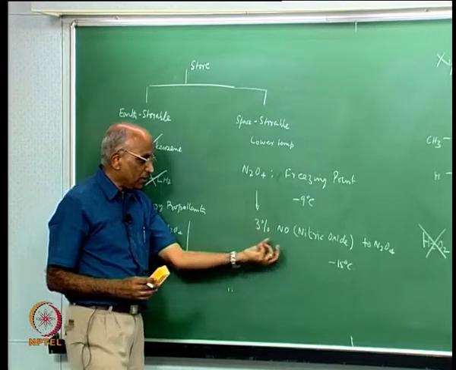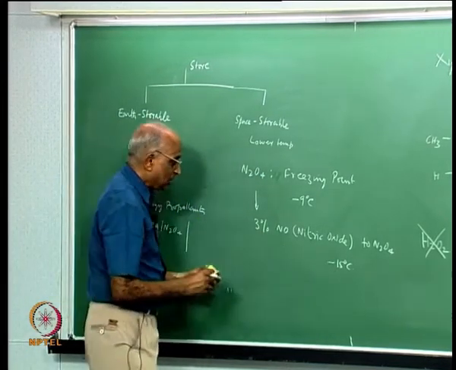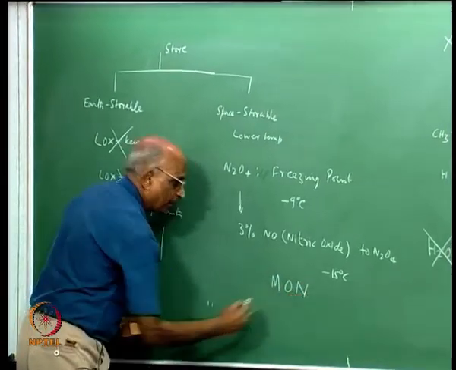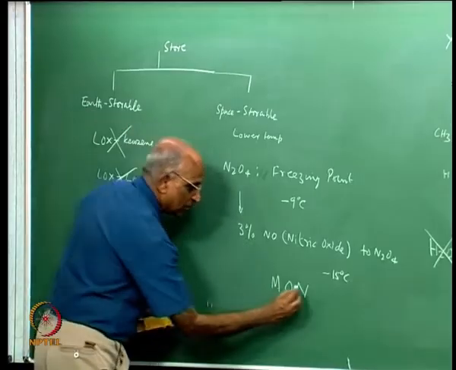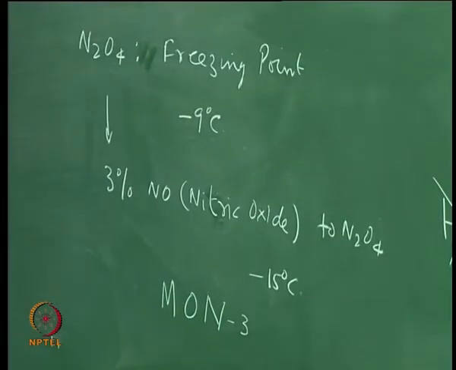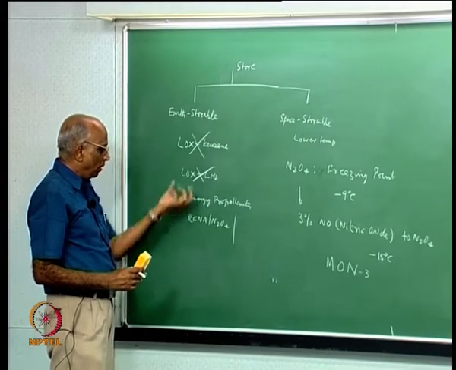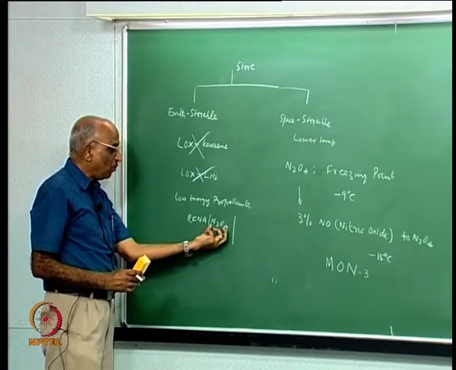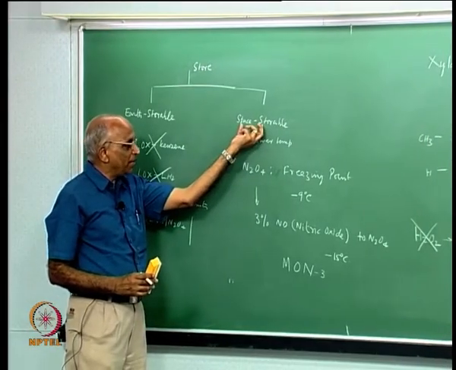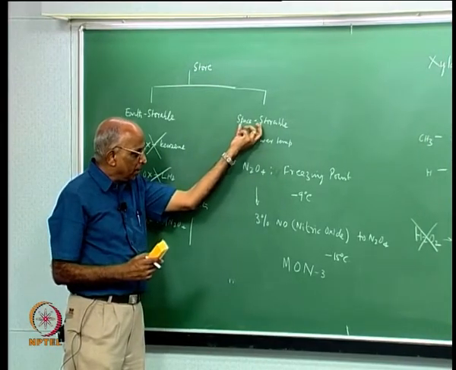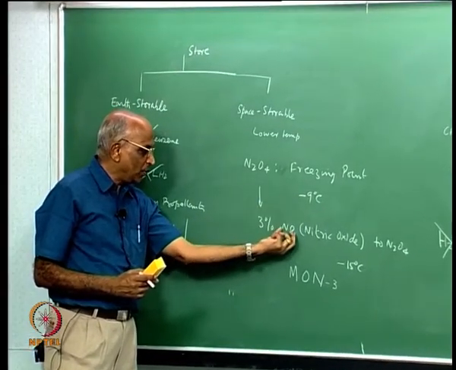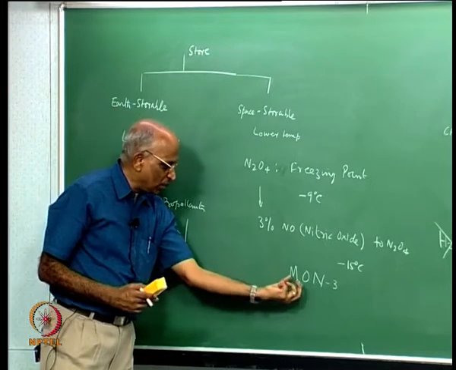If I add 3%, I have a little better, and these are known as mixed oxides of nitrogen, and since I add 3%, this is known as MON3. Therefore, in the earth storable case, when I have N2O4 as an oxidizer, if the same N2O4 has to be used in space for a prolonged period, then I have to decrease its freezing point. I do that by adding NO to it. If I add 3%, it is known as MON3.